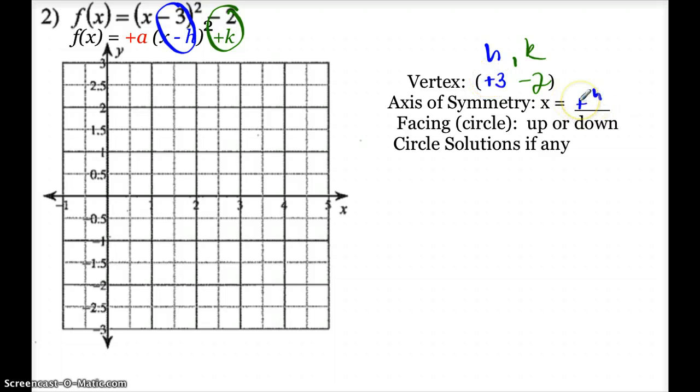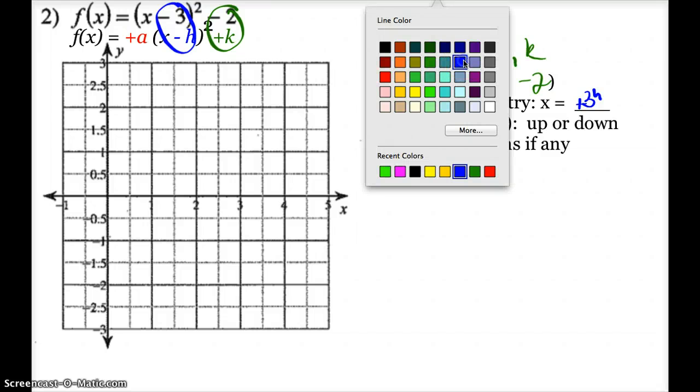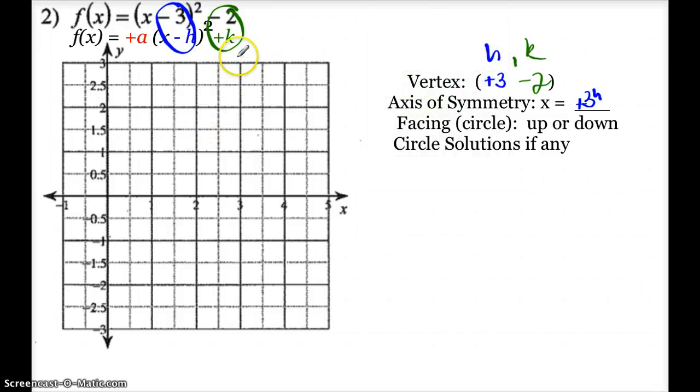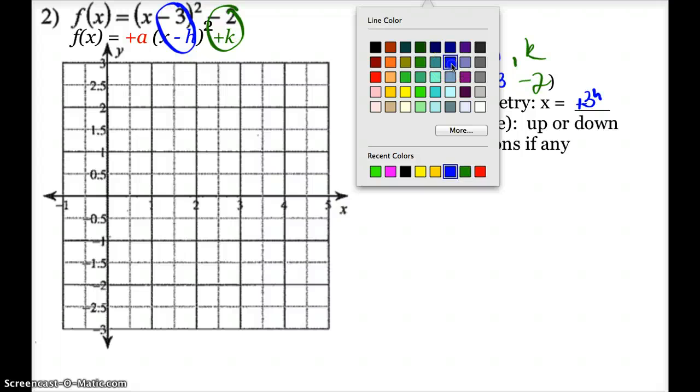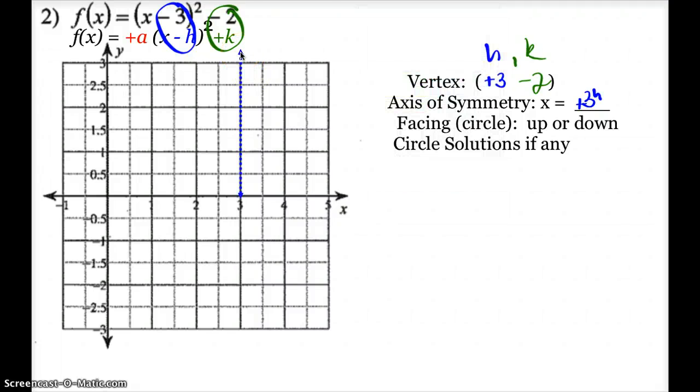So my axis of symmetry is +3. This is the center of my graph, right there. X equals 3. My y value should be -2.